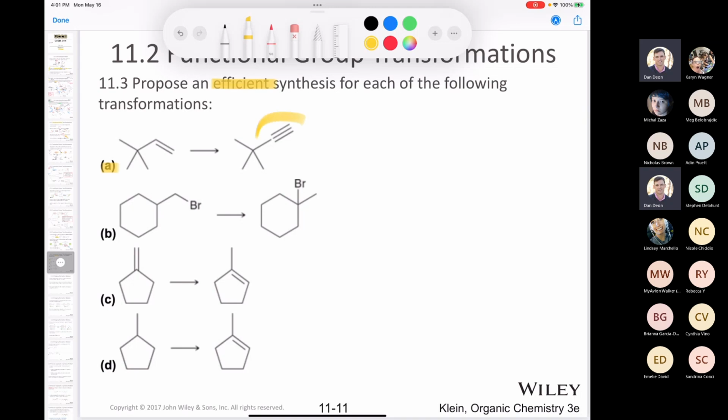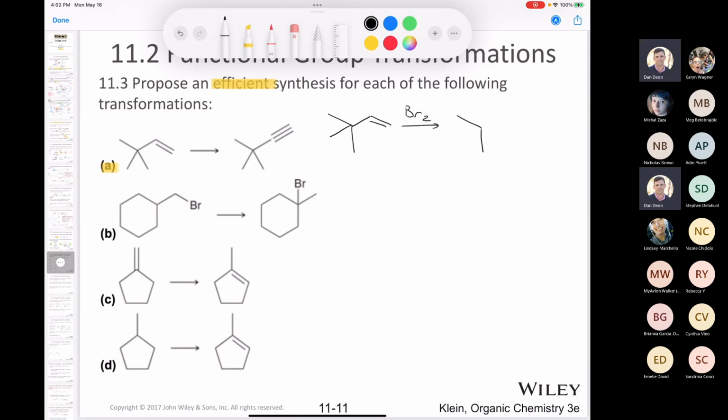We know that we have an alkyne, and so the only way that we know how to make an alkyne is from either a geminal dihalide or a vicinal dihalide. And thus, the best thing for us to do would be to make a vicinal dihalide since we're given an alkene. We can make a vicinal dihalide from an alkene. What would that look like? It would mean that I would take my alkene and I would treat it with bromine.